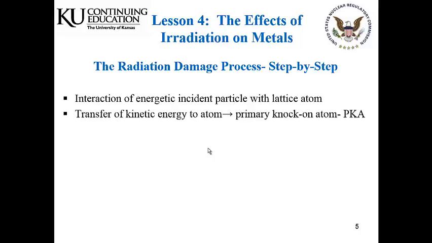These are 1 to 1.5 MeV, very high energy neutrons. And what that causes is the knock-on of an atom. If that neutron strikes the nucleus of an atom, it will knock it out of its position. We call that a primary knock-on atom, PKA. So try to memorize that term, primary knock-on atom, PKA. It's the initial atom that's knocked out of its lattice structure.